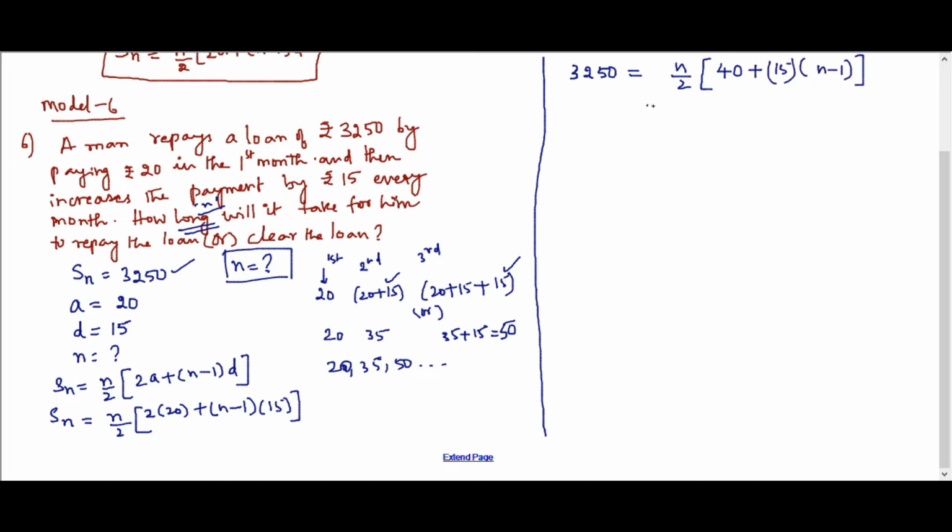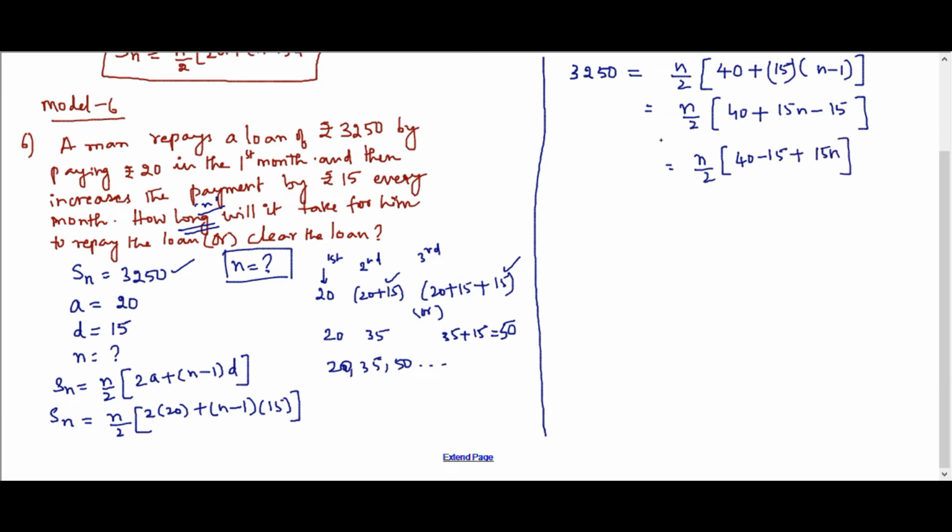You remember this? I've been teaching this in all my courses. Plus 15 times n is 15n, and 15n minus 15, because plus 15 into minus 1 is minus 15. So I'll write n by 2 bracket 40 minus 15 plus 15n.